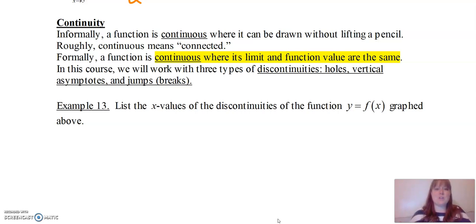And how do we know 100% that something is continuous? Well, a function is continuous where its limit and function values are the same.